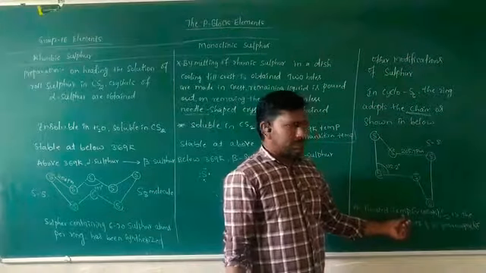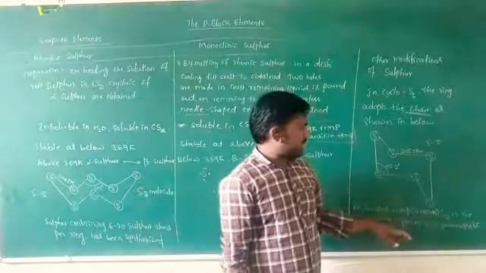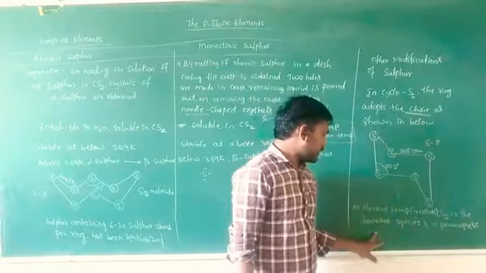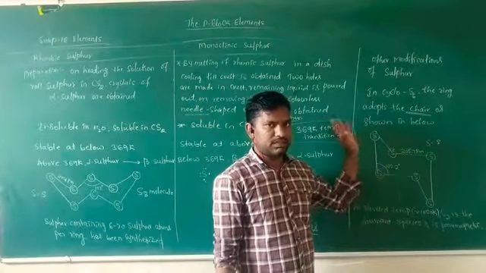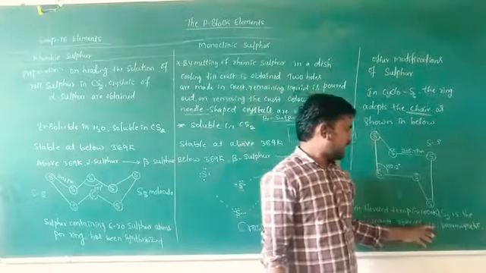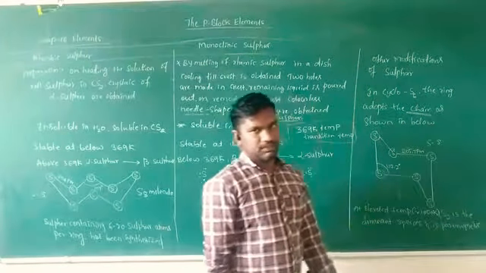At elevated temperature, nearly 1000 Kelvin, the S2 molecule is the dominant species compared to S6 and S8 molecules, and it is paramagnetic in nature.